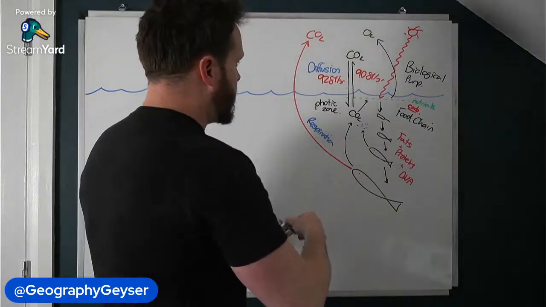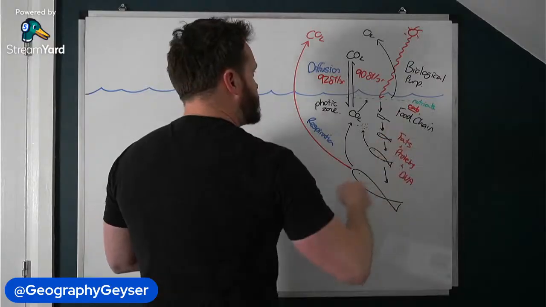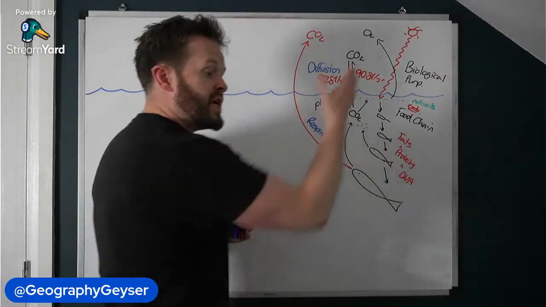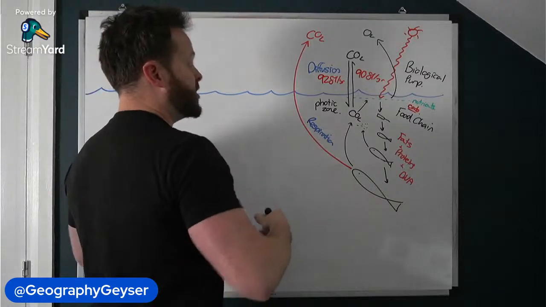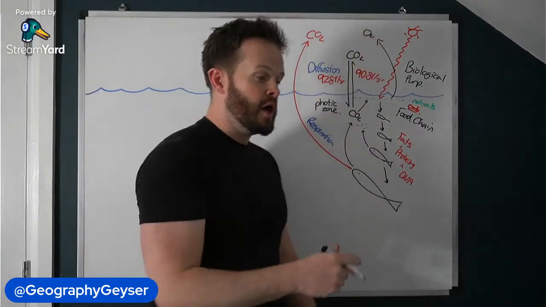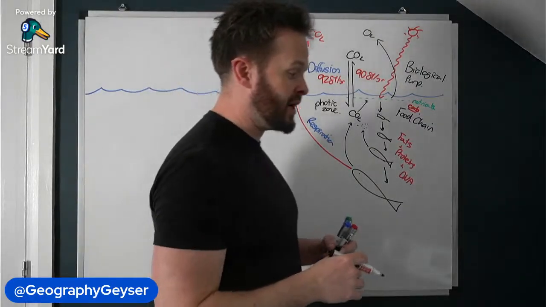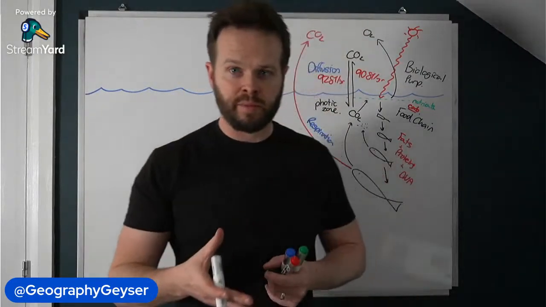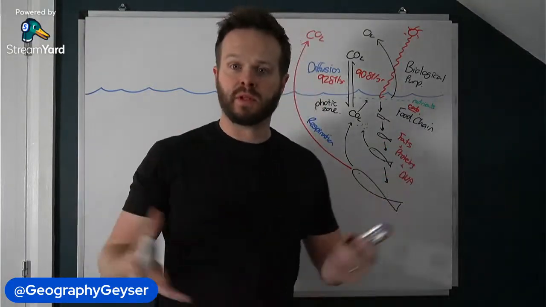Right. So that's the food chain. You've got to be certain of what your inputs of carbon are and what your outputs of carbon are. You can't just talk about the fact that carbon is moving in. A lot of the questions that you'll get in the exam are around regulation of the carbon cycle, how these things maintain balance within the carbon cycle.